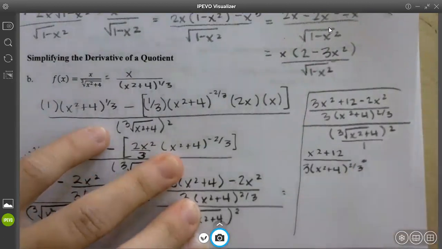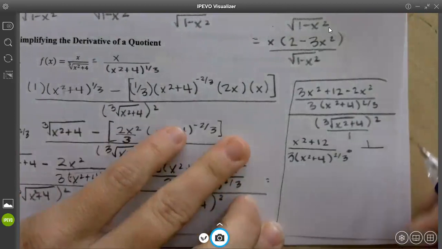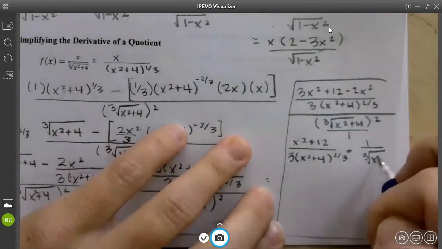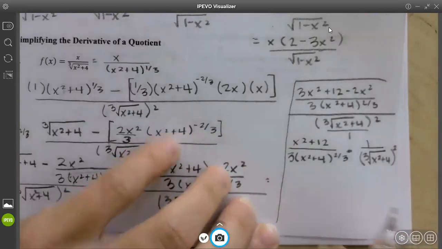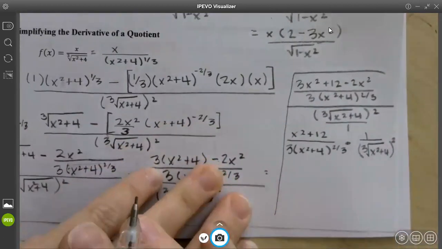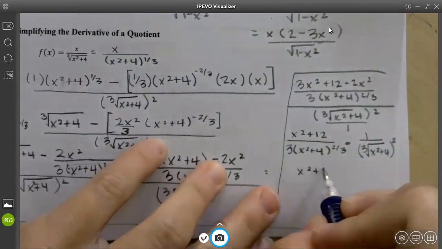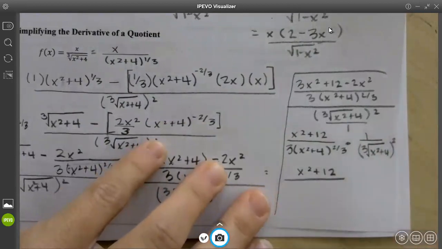Remember, I flip and multiply, so I'm gonna go ahead and do that from here. 1 over the cube root of x squared plus 4 squared. On the top, you still have the x squared plus 12. On the bottom, you definitely have that 3.